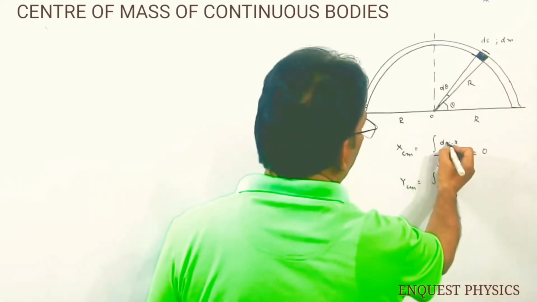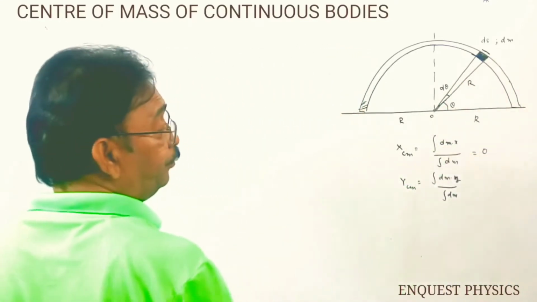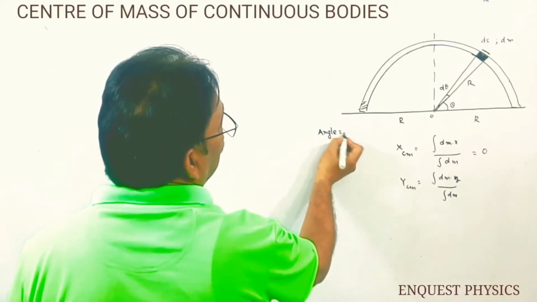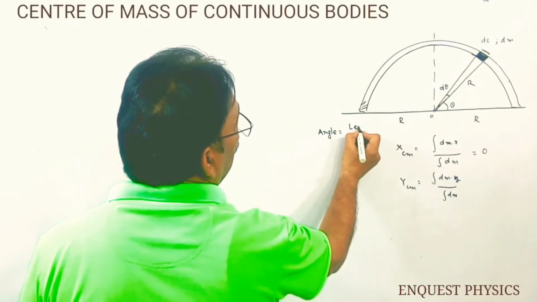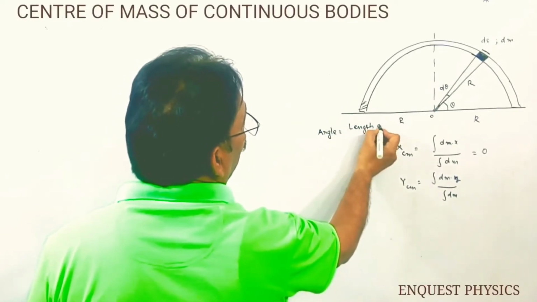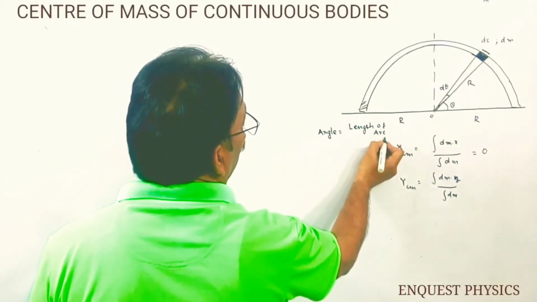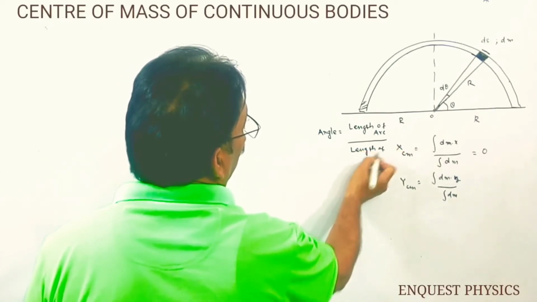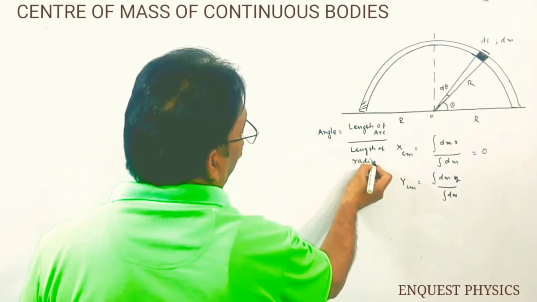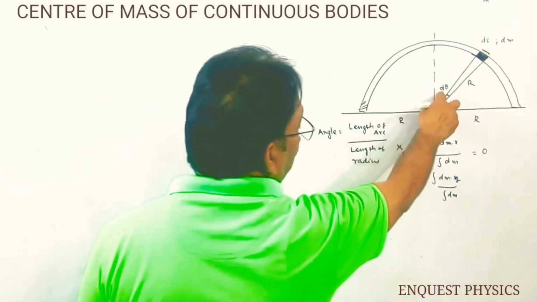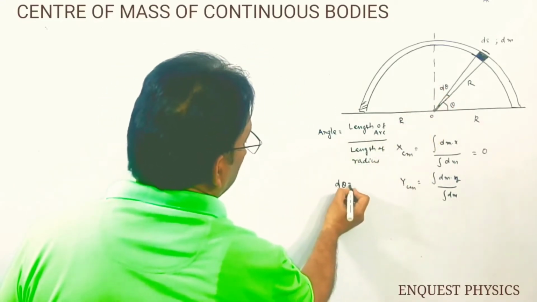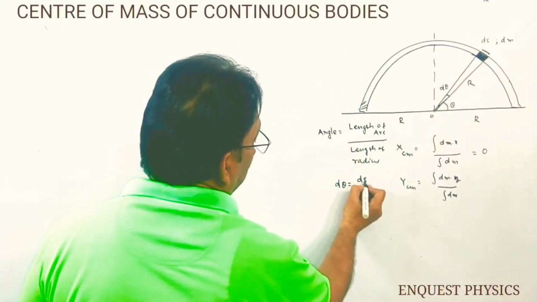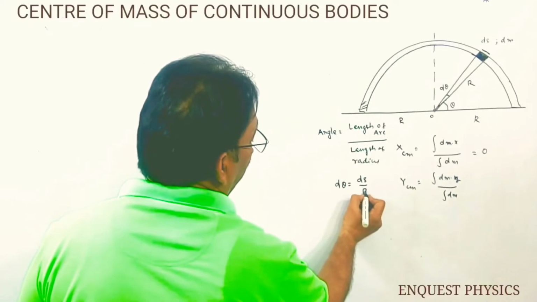Okay students, from geometry you learn that angle is equal to length of arc upon length of radius. Here the angle is d theta, which is equal to the length of arc, I told you it is ds, by radius.